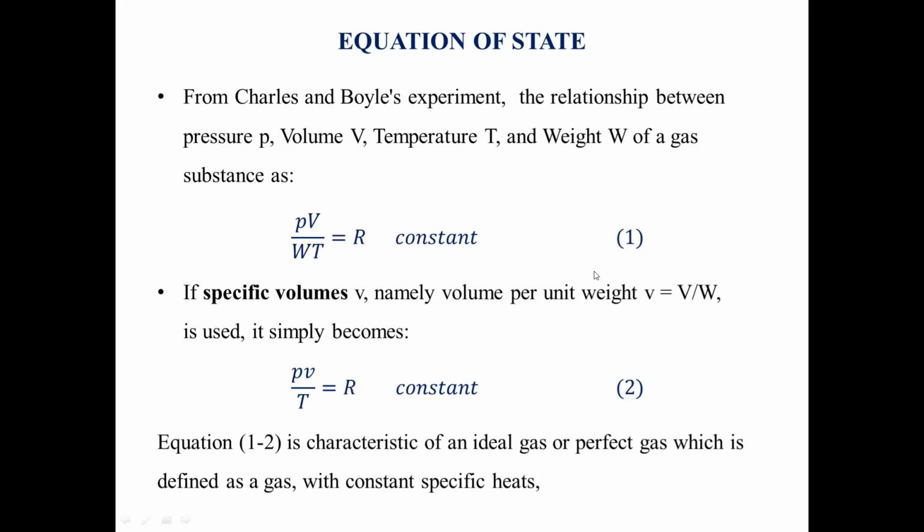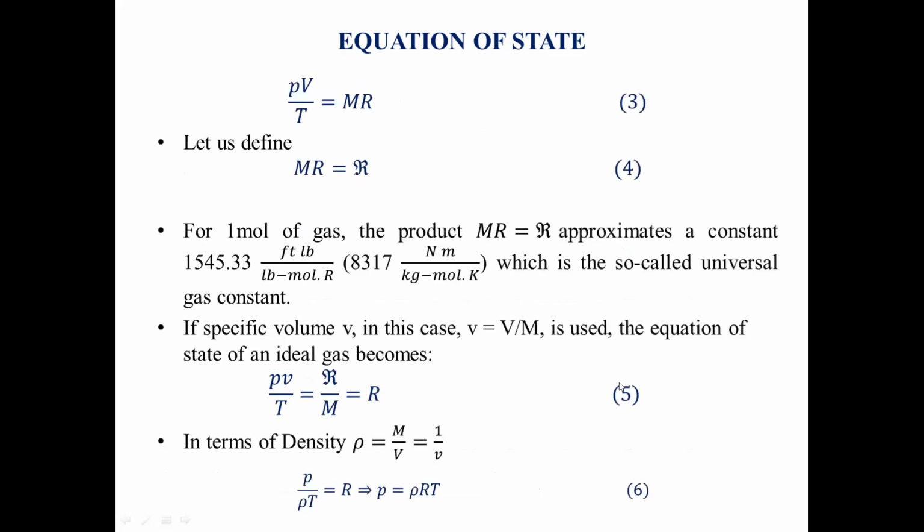From the Charles and Boyle experiments, they observed this phenomenon of the gas. So this is the gas law. So PV over T is equal to mR. So this mR is represented with another expression.